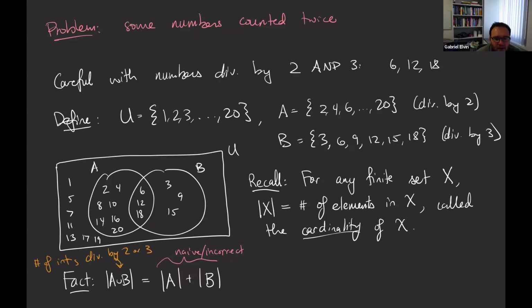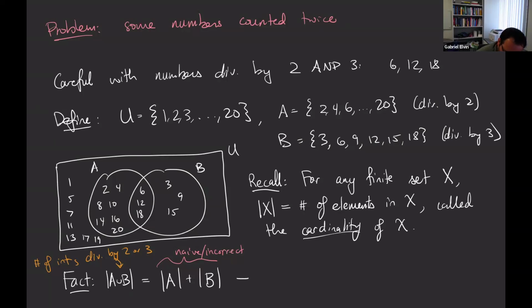Okay. And if we just take the size of A plus the size of B, we get 16, but we overcounted, and in a very quantifiable way. We just counted the intersection twice. We counted 6, 12, and 18 twice. Those are the things in the intersection.